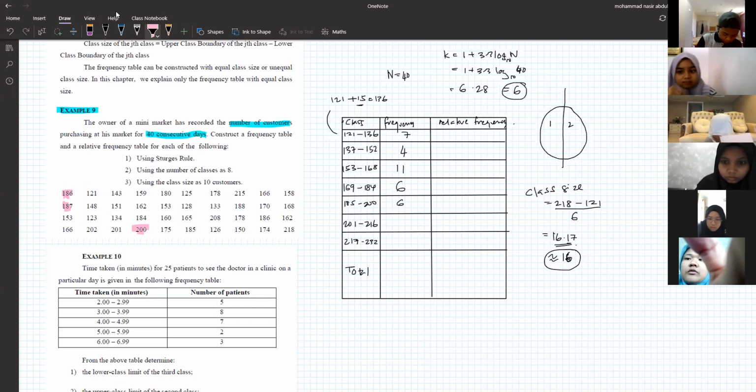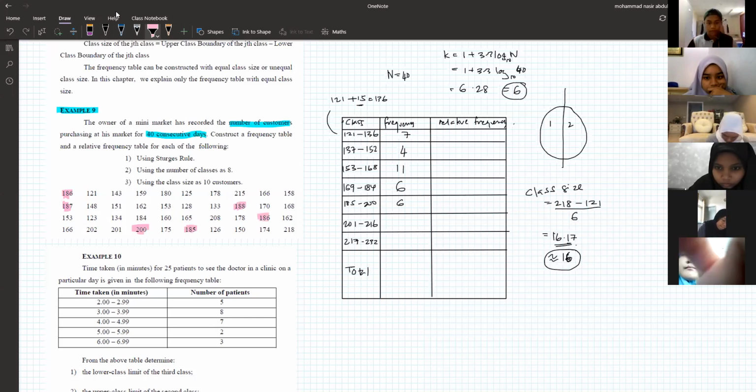This one, 185 is included, and then 188 is included. This one is also included. So 1, 2, 3, 4, 5, 6. Correct.